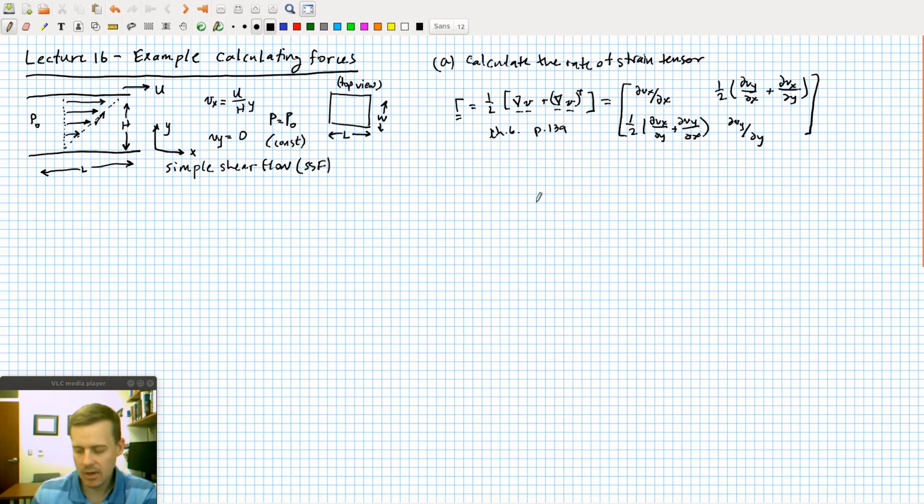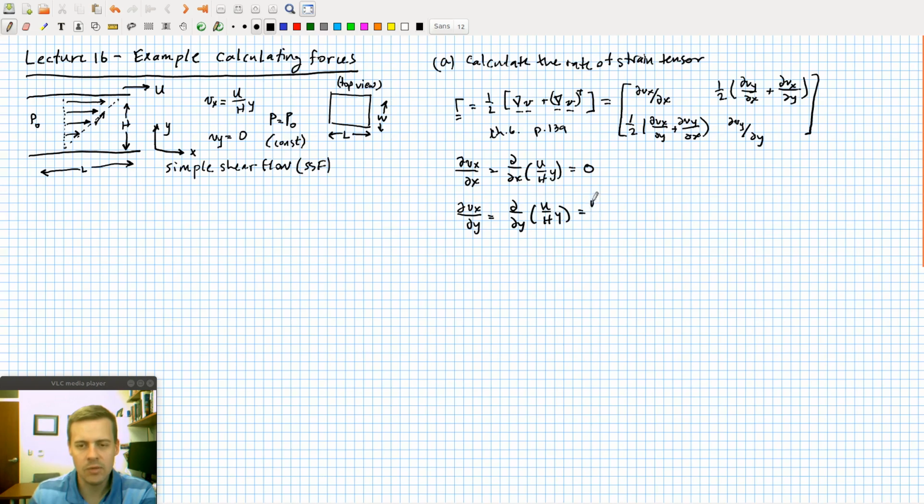So to calculate the rate of strain tensor, I need to take derivatives of my velocity field. I need to evaluate each of these derivatives. There are 4 of them. First, dvx dx. I take the x derivative of vx, which is u over h times y. Well, this doesn't depend on x, so that's 0. Then dvx dy, so that's d dy of u over h times y.